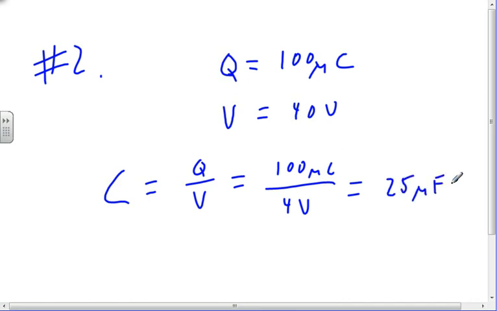Did I do that right? Oh, I'm sorry, it's 2.5 microfarads. We'll take out our glorious calculator: 100 divided by 40 is 2.5. Microfarads.